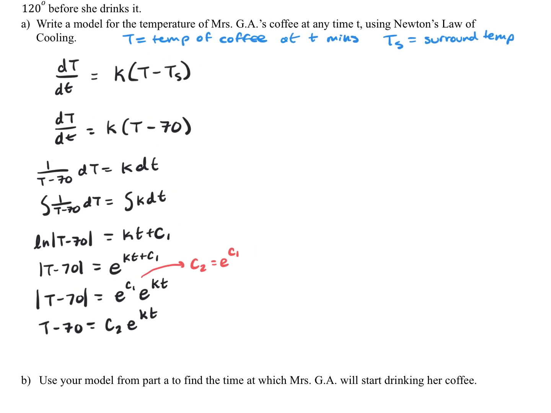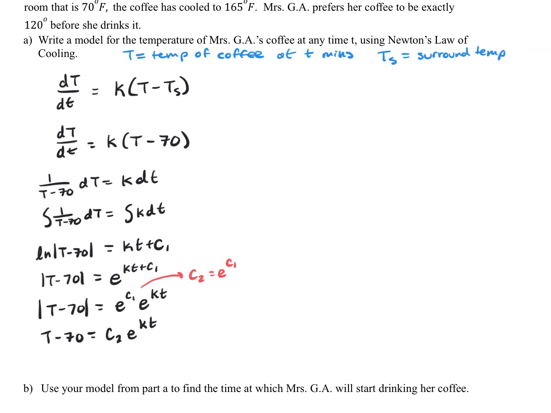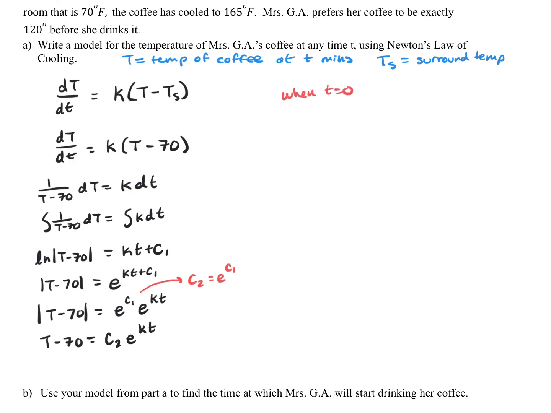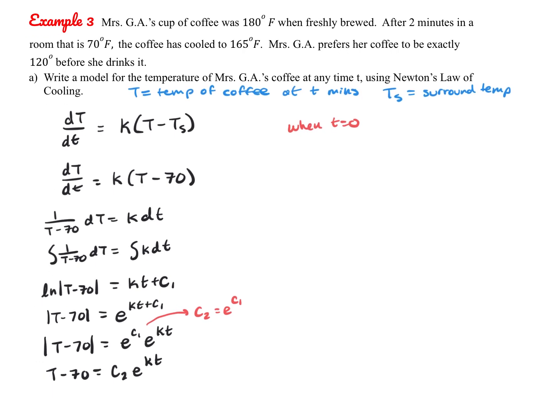Now from here, we can use some information about our initial temperature to help us solve for c sub 2. We were told in the problem that the initial temperature, so when t equals 0, when the coffee was freshly brewed, is 180 degrees. So T equals 180 degrees Fahrenheit.